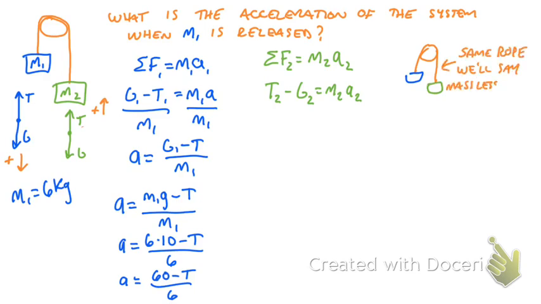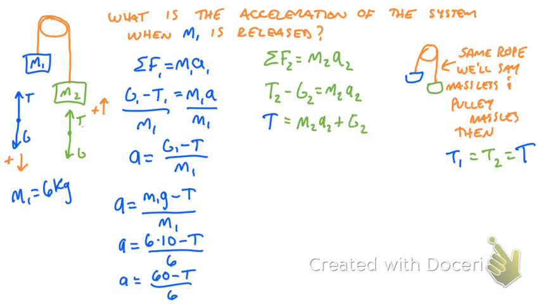So we're going to say that this string is massless or very light and the pulley is massless. If that's the case, then the tension on 1 and the tension on 2 will be equal, and we'll just start calling them T. So we get T equals, and we bring the gravitational force to the other side, mass 2 times the acceleration of 2 plus the gravitational force on 2. T equals m2a2 plus m2g. Remember, the gravitational force is equal to little m little g.